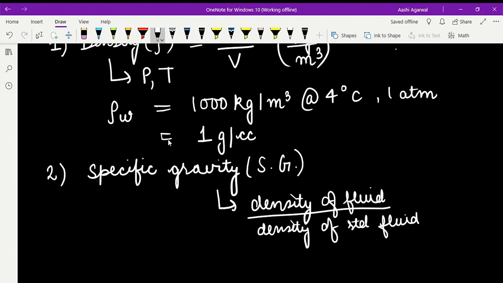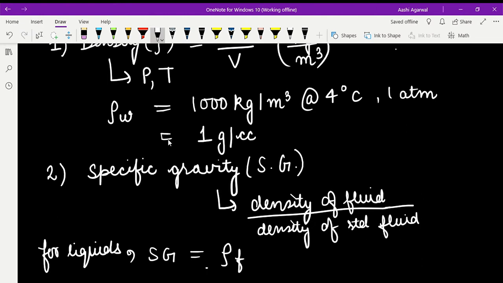Now what is a standard fluid? Fluids are nothing but liquids and gases. Anything which can flow is a fluid. So both liquids and gases come under it. The standard fluid for liquids will be water and for gases it will be air. So for liquids, specific gravity is the density of that fluid divided by the density of water.